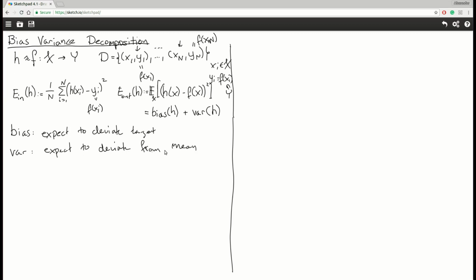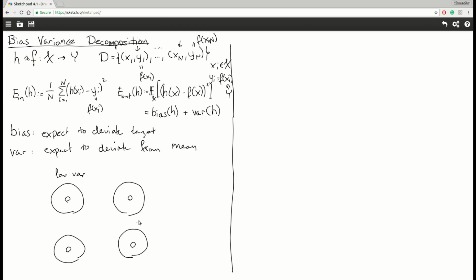You can think of this in a nice way if you think of playing darts. Let's say we have 4 dartboards, and we'll consider 4 different cases. In the middle we have the target, which is the bullseye. Imagine I throw on these boards with low variance, and on these boards with high variance. And over here on these two boards I have low bias, and on these boards I have high bias.